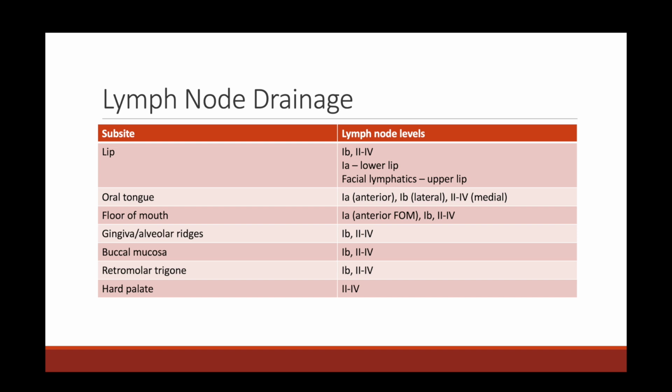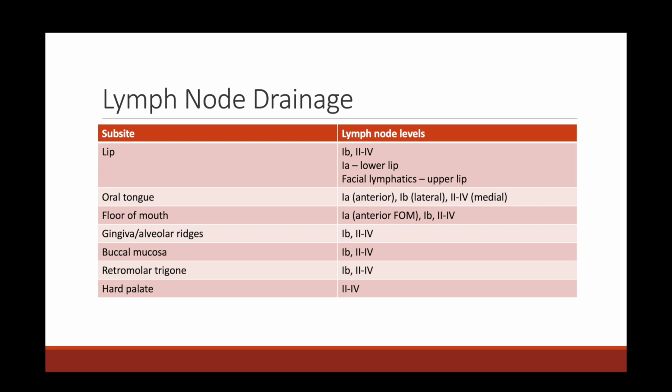Level 1A and 1B are our submental and submandibular nodes, respectively. So 1A is submental, 1B is submandibular. And for most oral cavity cancers, as you will see, the majority of the time, we're also going to think about adding coverage of level 1B. So most of the time for oral cavity, just remember we're covering level 1B and levels 2 through 4.